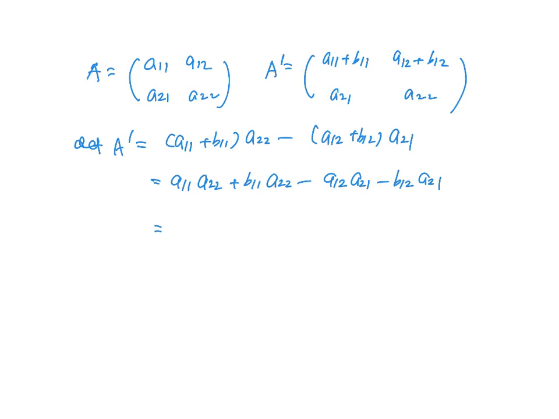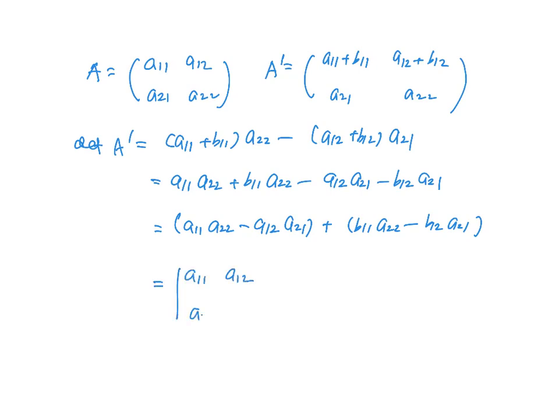So we can rearrange the terms: A11, A22 minus A12, A21 plus B11, A22 minus B12, A21. So this is actually the determinant of the original one plus the determinant of B11, B12, A21, A22.